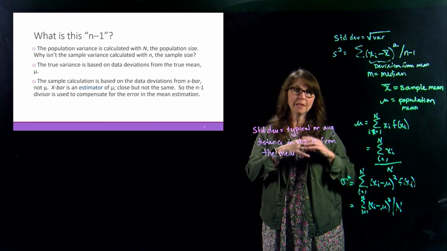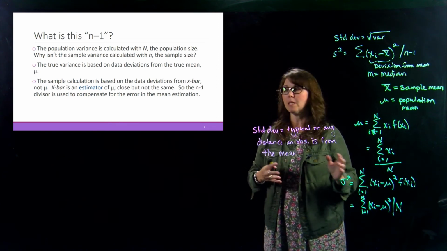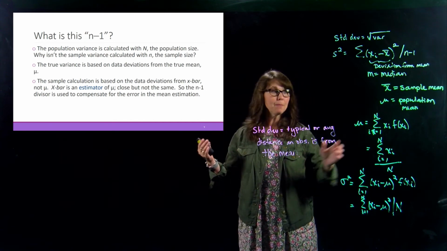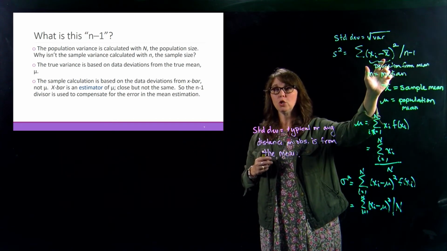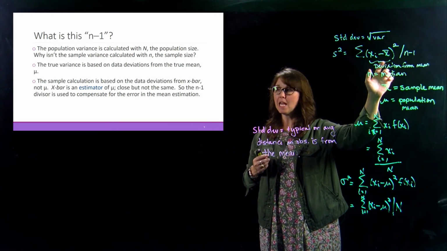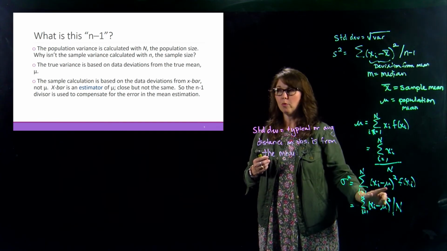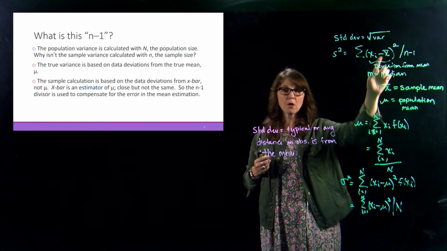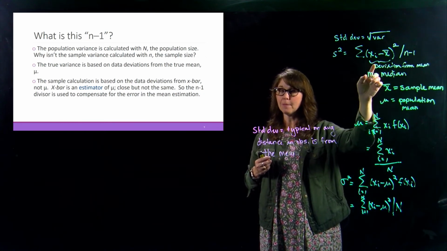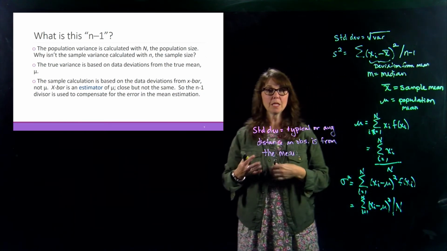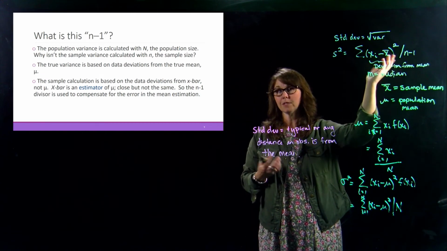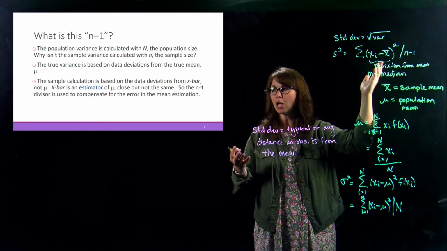They are the entire population, so there's no estimation. But the sample calculation up here uses x bar, and that x bar is an estimate of mu. But as we already know, x bar and mu are not going to be the same. They're different values because this is just taken off of a sample of 10, a sample of 100.